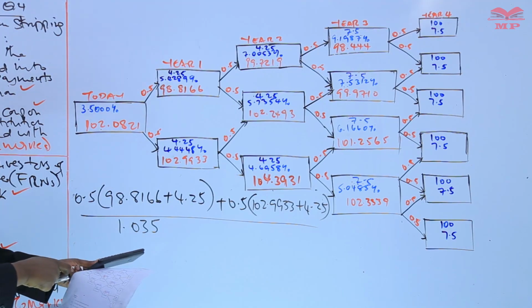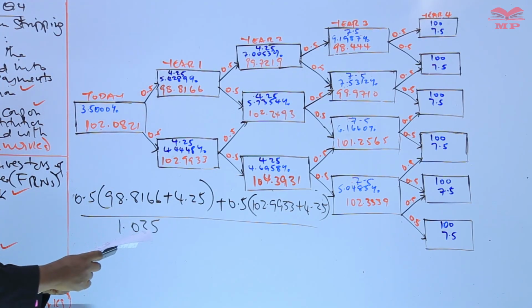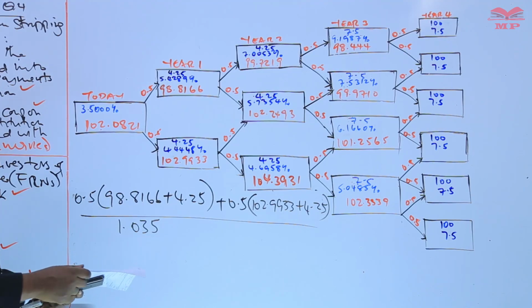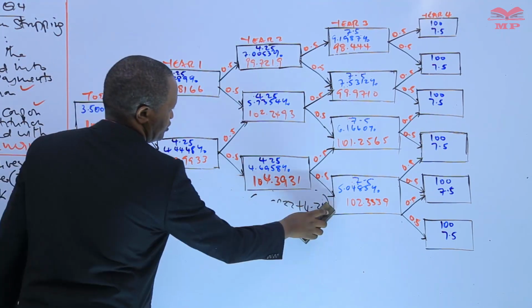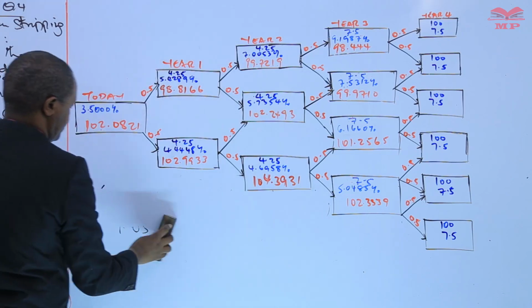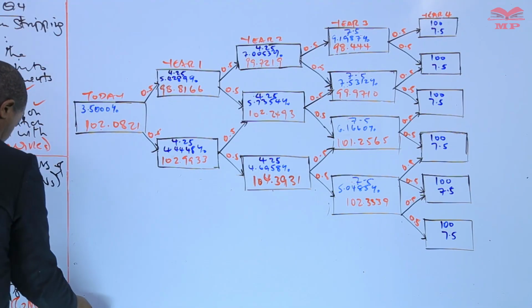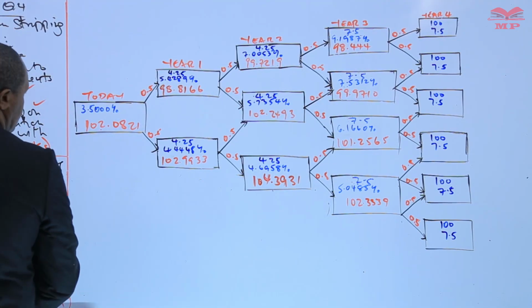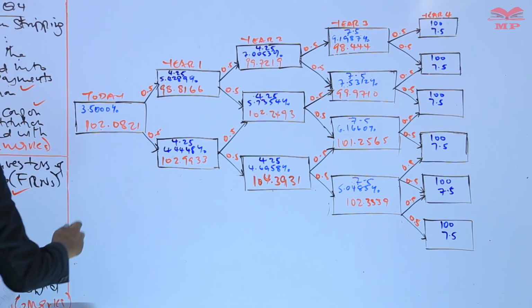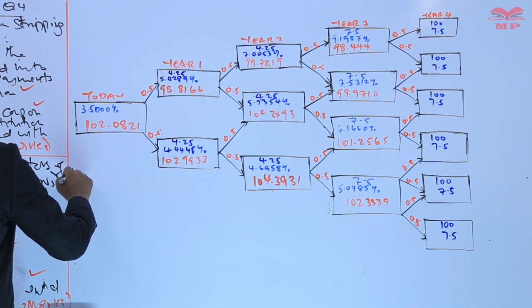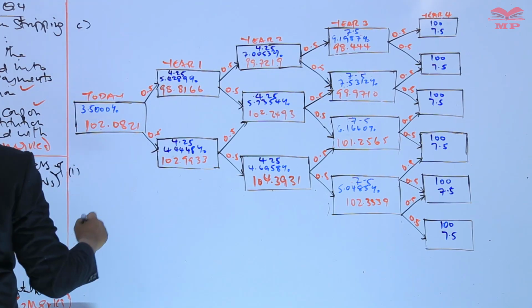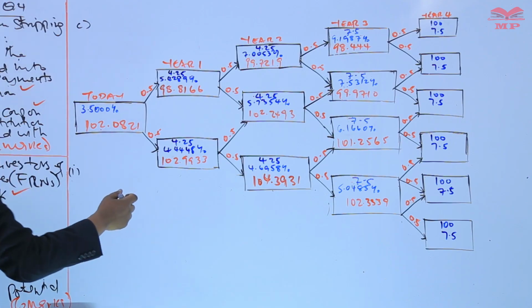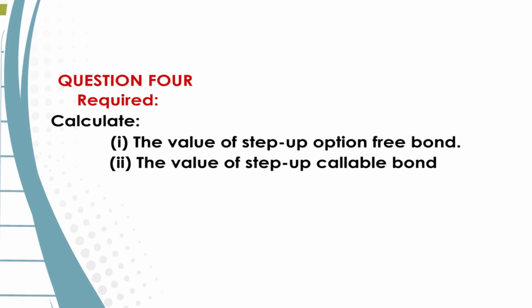That is the value of a step-up option-free bond, that is, if the bond is not callable. We are answering part C, Roman 1. This is the value of the bond. The question is, calculate the value of the step-up option-free bond.